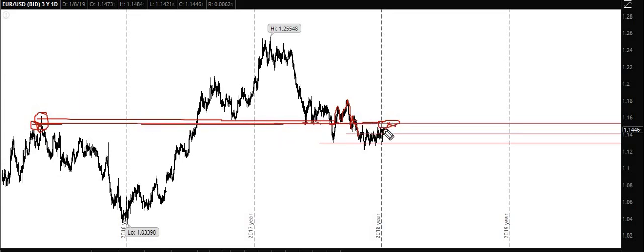It's demand if it gets through and holds, but if it can't get through and hold, it's supply. It doesn't become demand until we get up here, retrace down, and then we've got the demand to continue on, but not until that point. Right now, we've got to work with what we see.